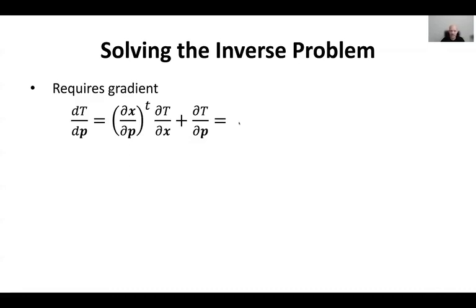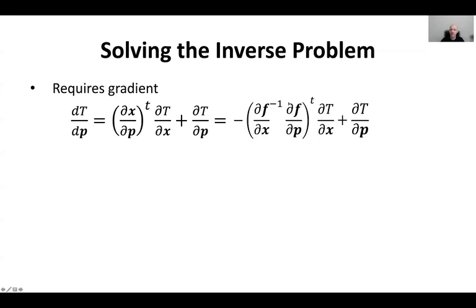Now, just for concreteness, let's split this up again. Let's plug in the expression for dx dp. And what we'll end up with is this expression over here, nothing too dramatic for now. Let's also apply this transposition operator to the two factors inside the parentheses, such that we end up with this expression over here. And again, this exercise we're only doing because we don't want to compute the entire matrix dx dp if we can avoid it.